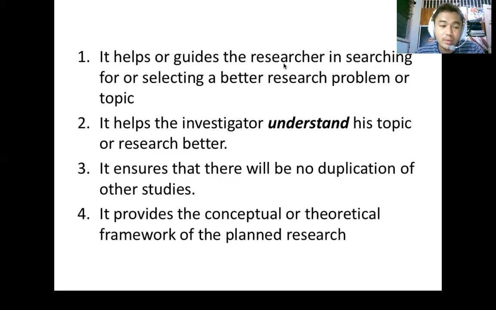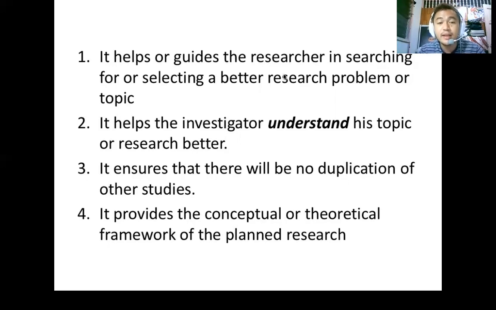With that, you will be able to find what particular topic really deserves to be researched. Because of the reading and researching and looking for all other resources you've done, you will be able to identify more on what should be the topic that you have to explore.